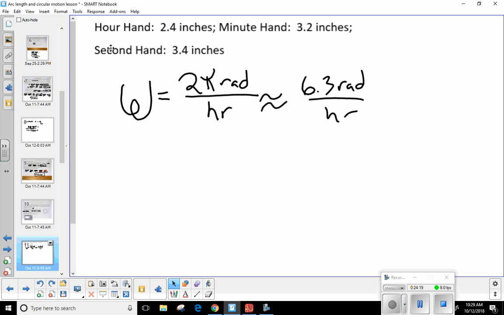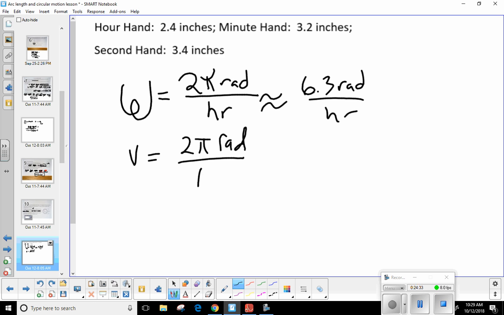And Satish is going to help us out with the linear velocity, which we already have, the 6.3 radians or 2 pi radians, whichever one you use. And the question asks to get it in inches per hour, so we can just multiply that by our 3.2 inches.